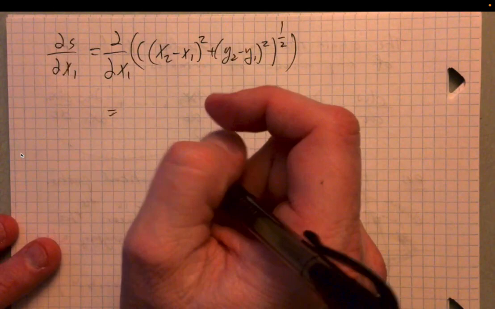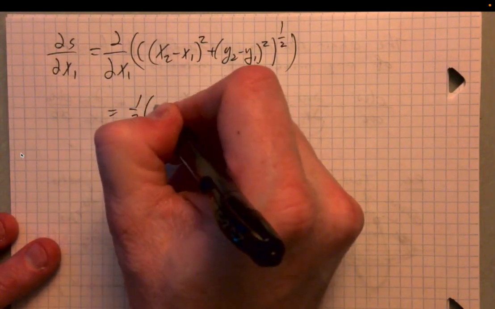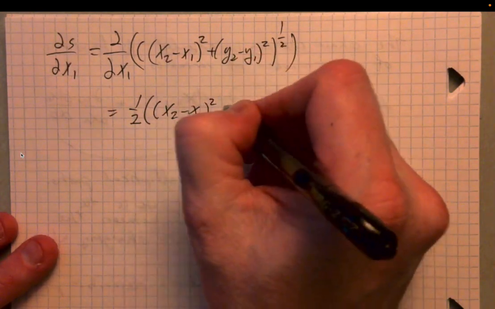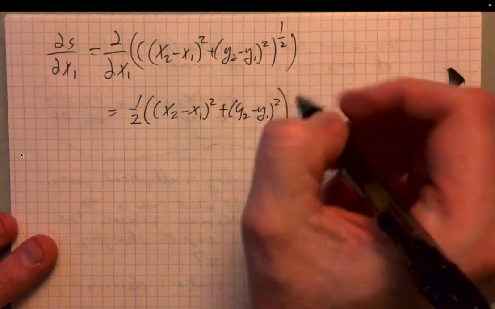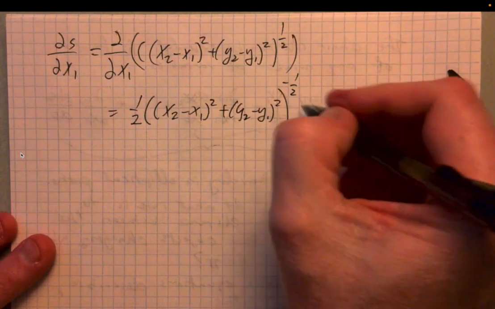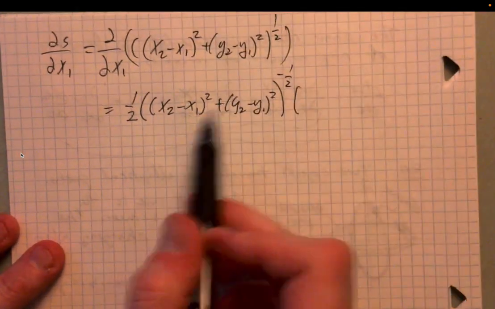And so what you end up with is 1/2 times (x2 minus x1 squared plus y2 minus y1 squared) to the negative 1/2. That's the derivative of the outside. And then you have to take the derivative of the inside, which would be a mess, except this is a partial derivative.